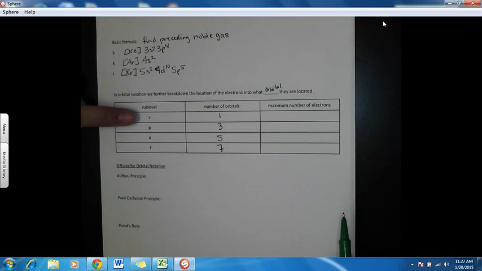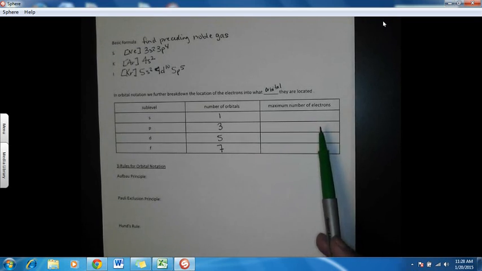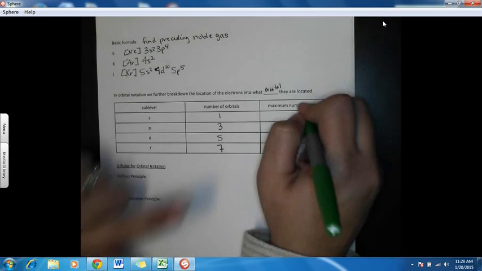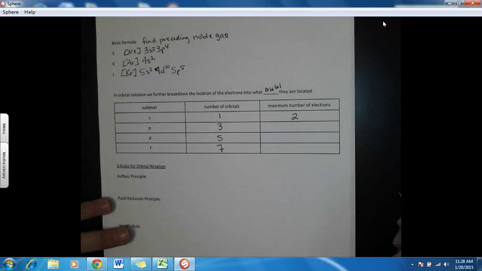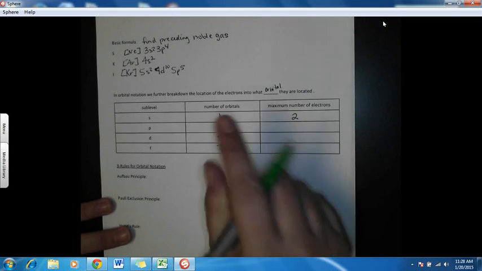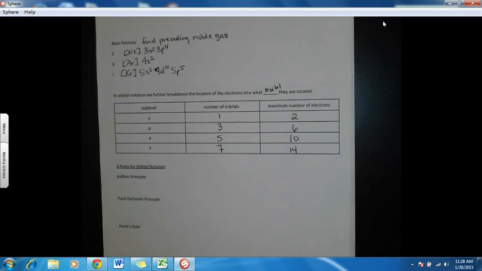Remember yesterday we talked about how S has the least energy and F has the most. Now the maximum number of electrons that can be present in an orbital is 2. So since the S sublevel has 1 orbital, there will be 2 electrons maximum. P's have 3 orbitals, so that's a maximum of 6 electrons, 10 and 14. And we showed that yesterday when we were looking at electron configurations.